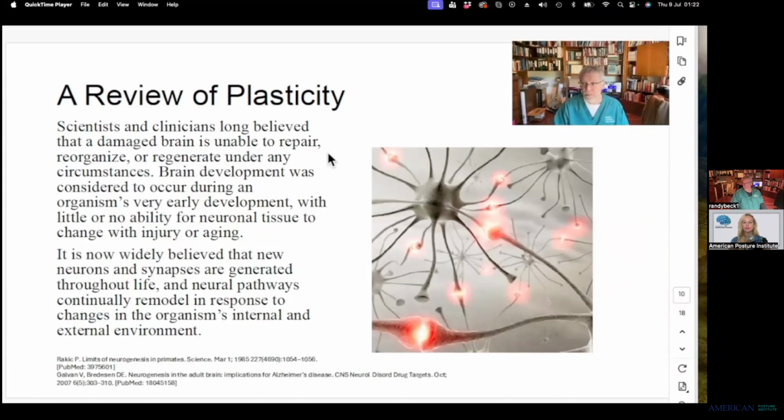Now we know that new neurons and synapses can form basically throughout life, even in old age. So this is good news for everybody, and very good news when we look at how we can use neuroplasticity to help us avoid dementia.